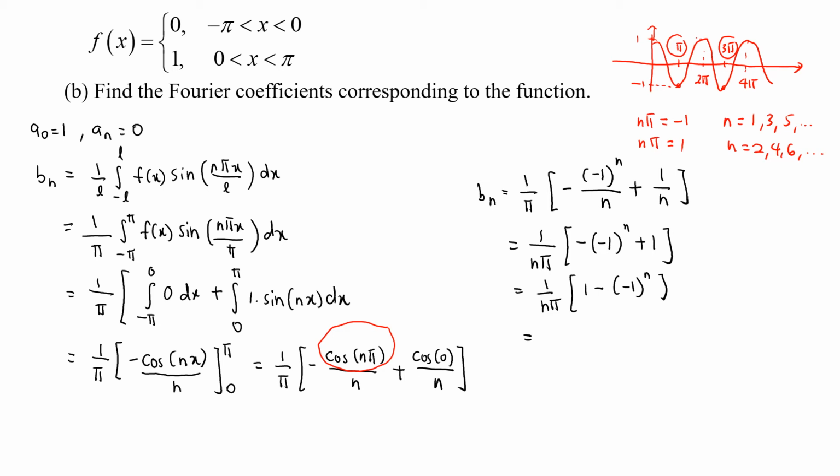We know that for n odd will result in a different answer, and when n is even, it will create another answer. So first, for n equal to 1, 3, 5, the odd numbers, this will be 1 over n pi, 1 minus, where for odd the value of cos will always be negative 1.